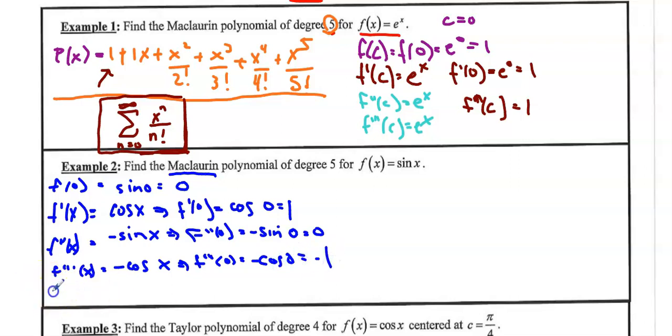And then our fourth derivative is going to be the derivative of negative cosine, which is going to be sine of x, which we all know is 0 because we found it right here. So you guys will see that the cycle will keep going. Therefore, the fifth derivative is going to be cosine of x, which is going to give you 1. This is the sixth derivative, the seventh derivative, and the eighth derivative.